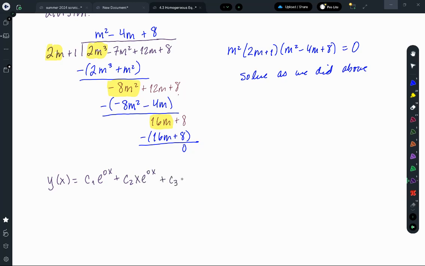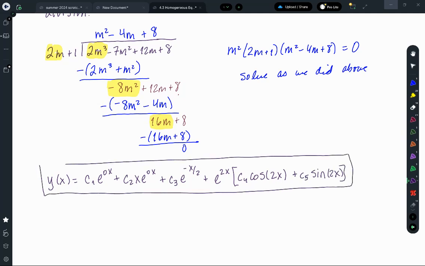Plus c3 e to the minus x over 2 plus c4, remember alpha and beta were both 2, so we get e to the alpha x, so it's e to the 2x times c4 cosine of beta x, which is 2x, and then plus c5 sine of beta x, which is 2x. And that is our general solution for this problem.